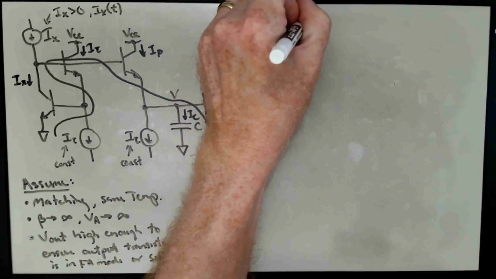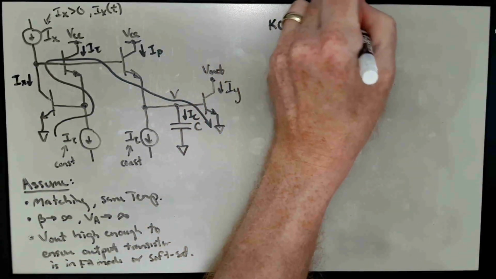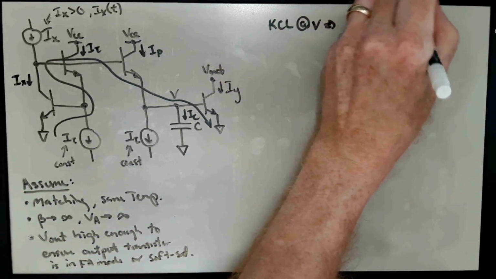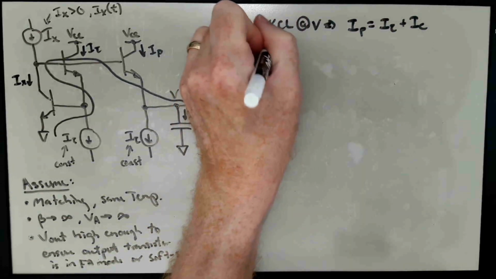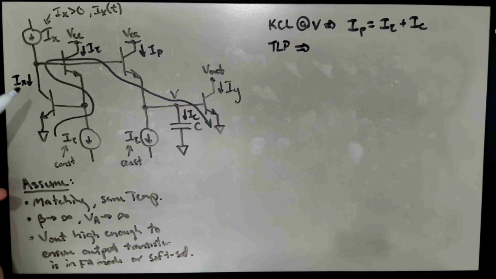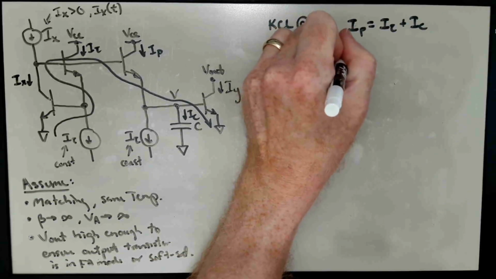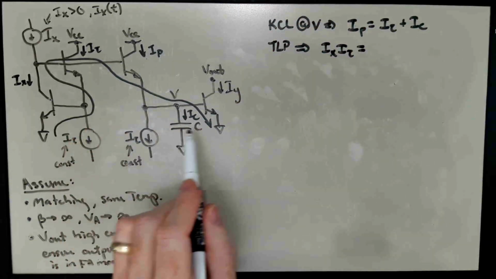Okay, so KCL at node V tells us that I sub P is equal to I tau plus IC. We know that the translinear principle around our loop tells us the product of Ix times I tau is equal to IP times IY.